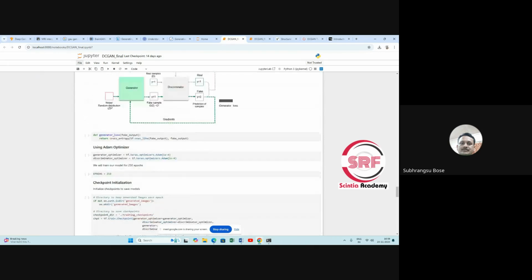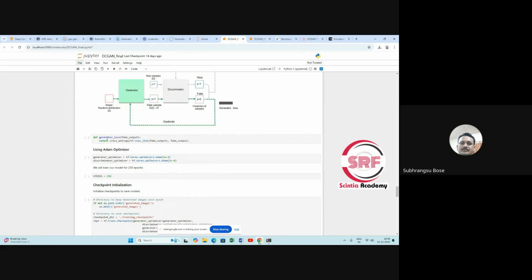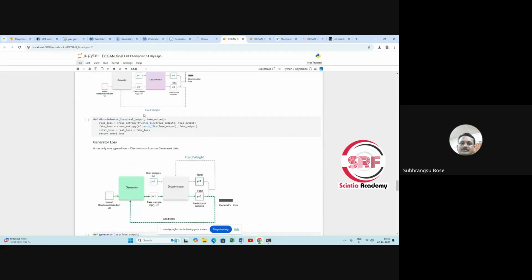Yes, this one. After training, the discriminator loss has real input, fake output, real output, fake output, real loss. What is real loss? Real output. What is fake loss?